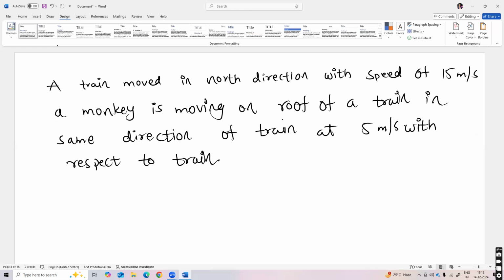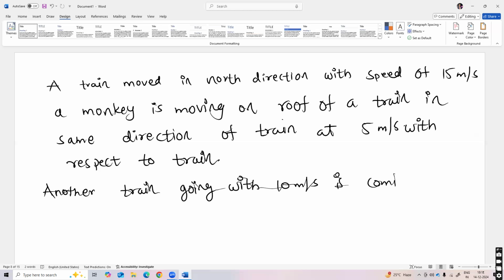So another train going with 10 meter per second is coming from the opposite side.